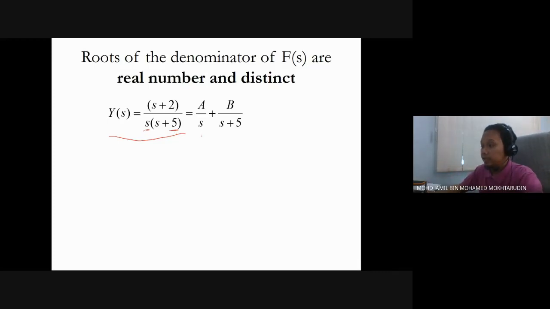Distinct means different: the root here is 0 and the root here is -5. So you can split this into 2 fractions: the first is a over s, and the second is b over (s + 5). Now you need to determine a and b.